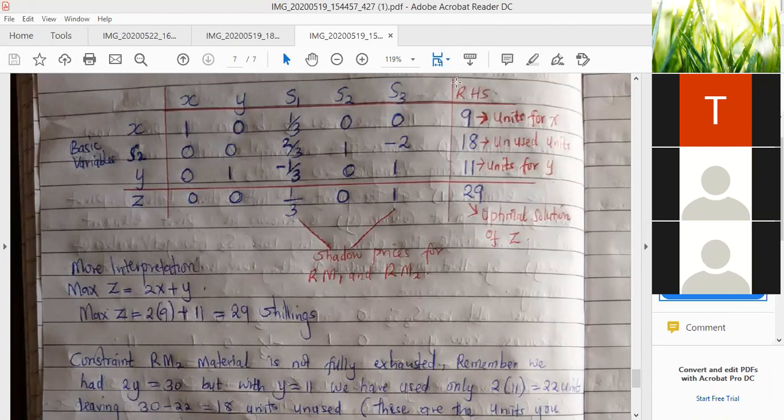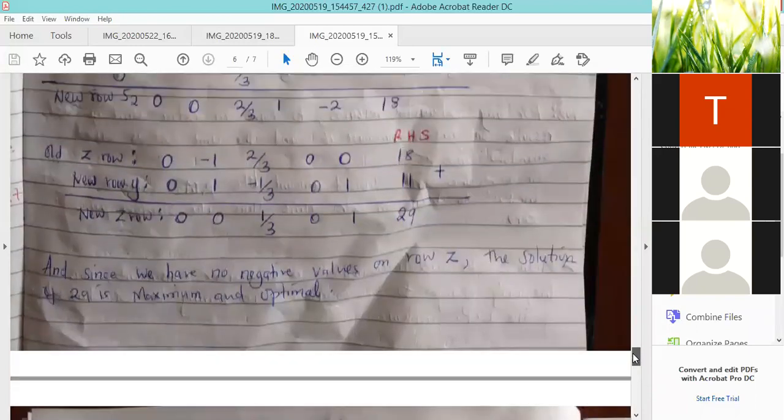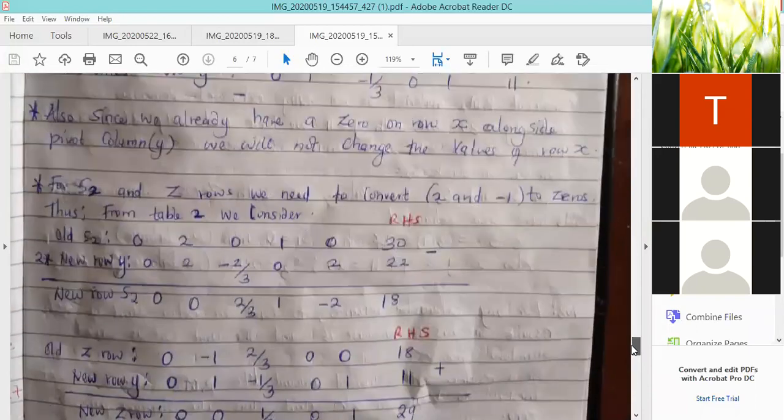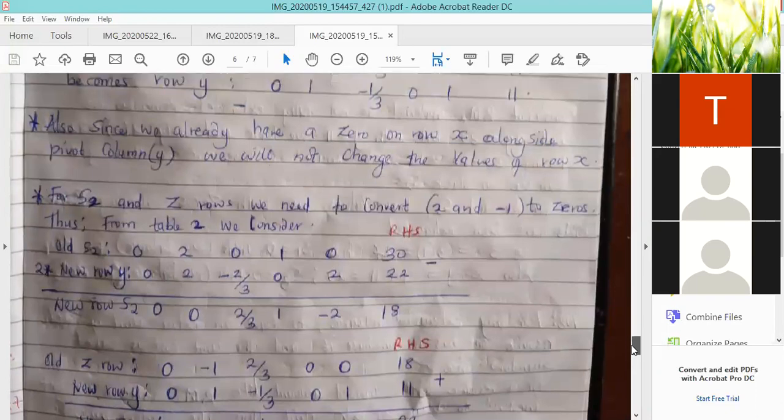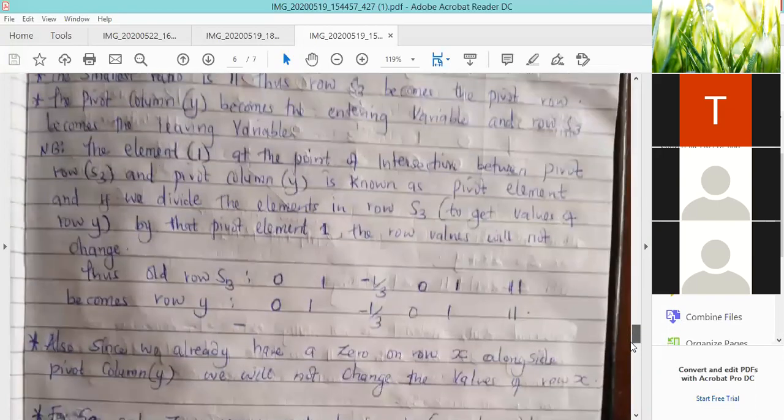Mwalimu. Yeah. On the second row, S2, on the right-hand side, the 18, is it supposed to be 18 or 8? 18. But they have done there 30 minus 22. Yeah, we had what? 30 minus 22.